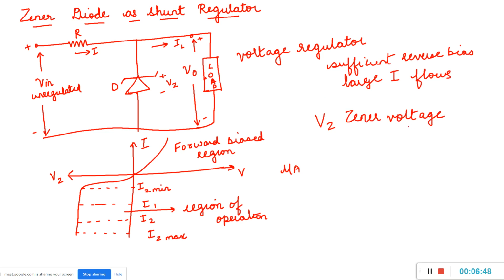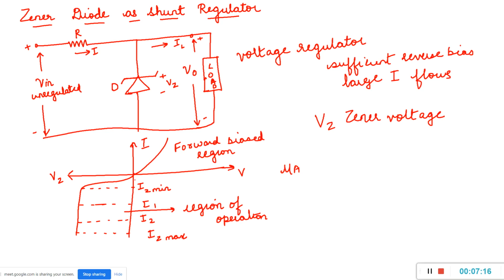Zener voltage Vz. Under this condition, whatever may be the value of the current, the voltage across the Zener is constant, equal to Vz. The large current that flows due to the breakdown is limited by connecting a resistance here. So here you can see the graph, right?